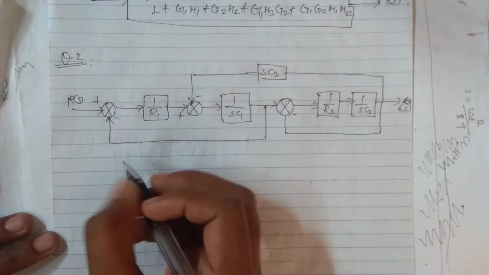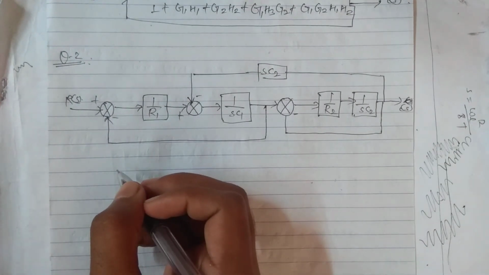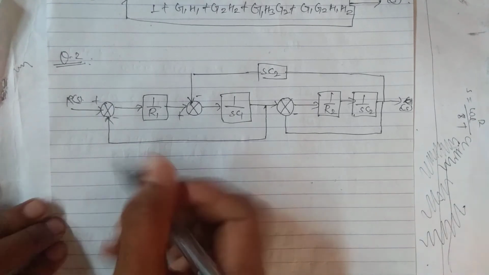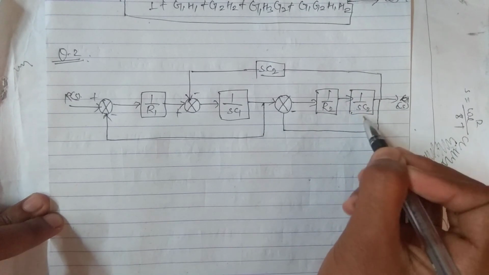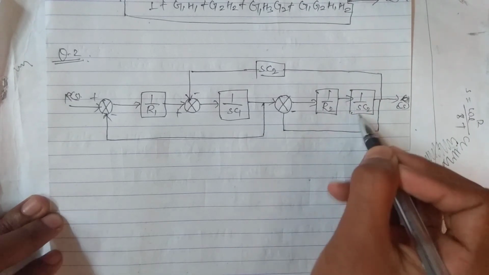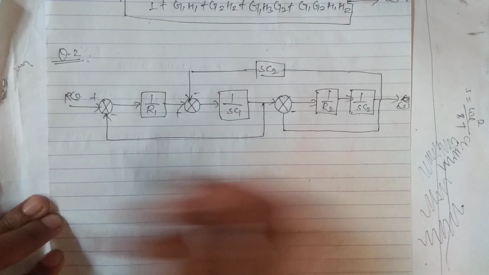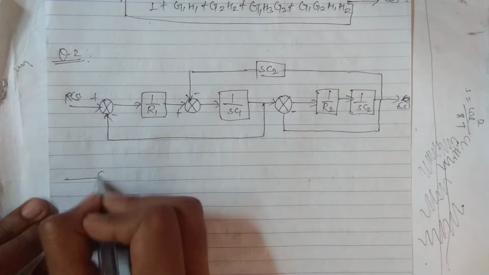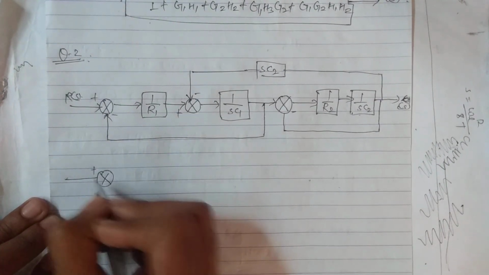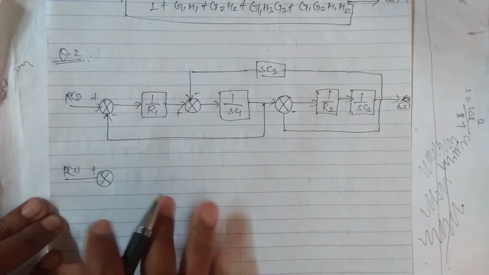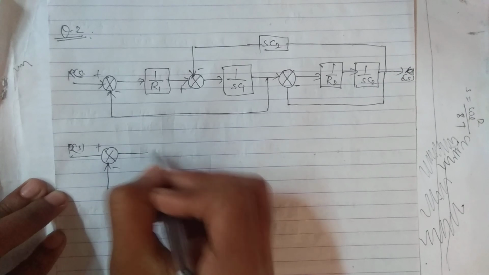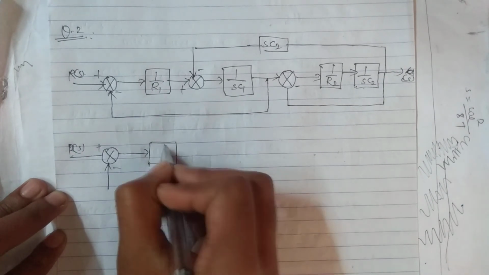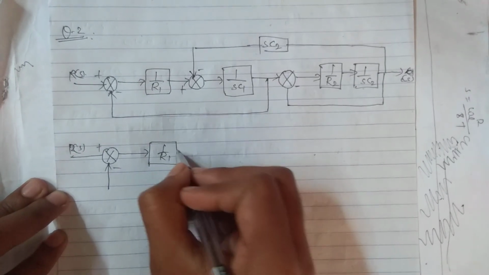And here we have given one system, sir, and we need to find the overall transfer function of the given system. Here we have 1 by R2 and 1 by SC2. These two are in cascaded form, sir, so we will multiply these two. For this we have RS and minus 1 by R1.